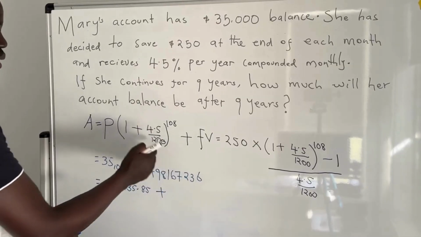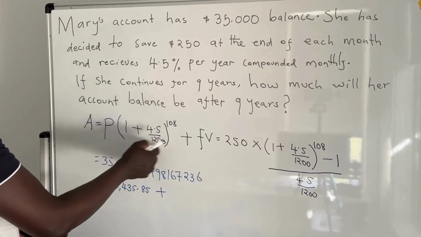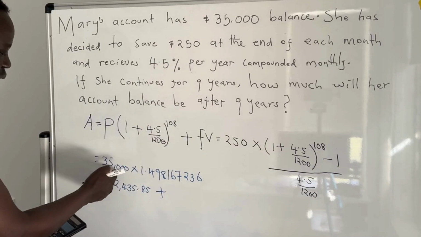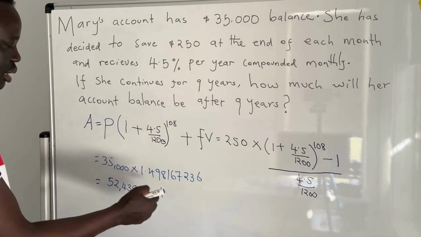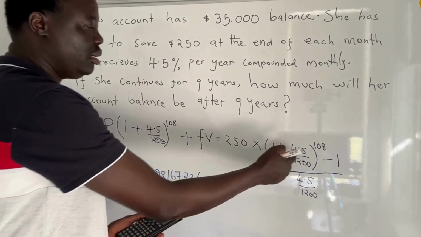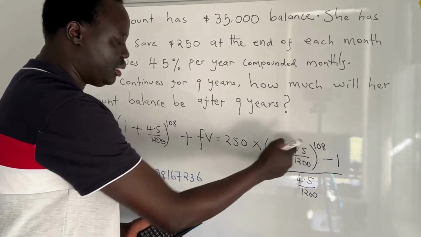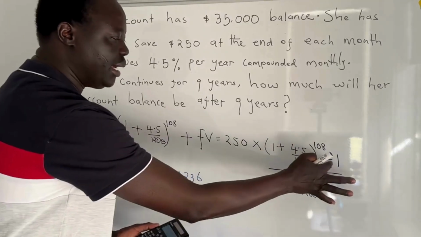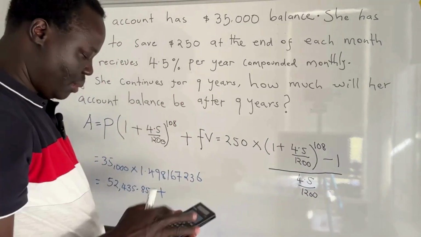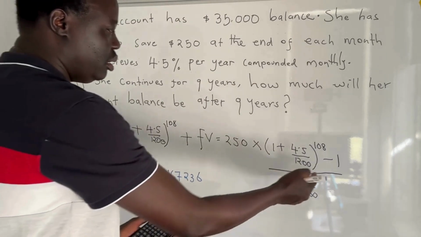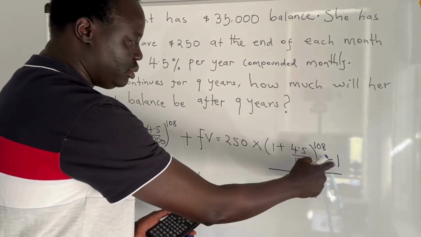So this is what you have by calculating this part times the principal amount, which is $35,000. So after getting this part, minus 1.